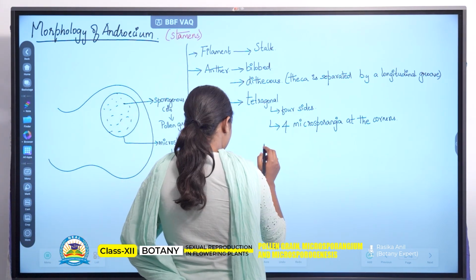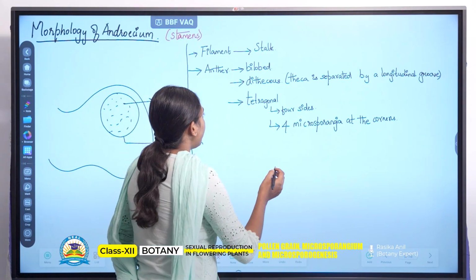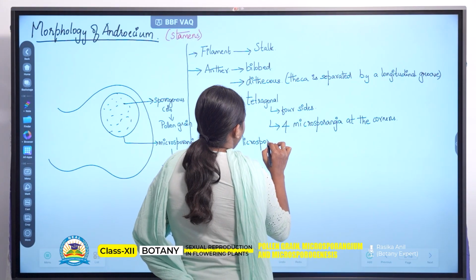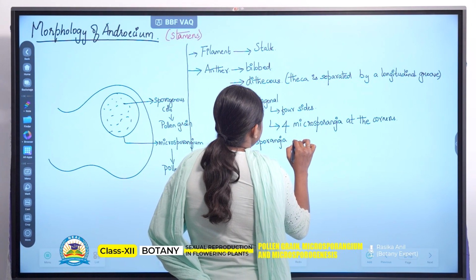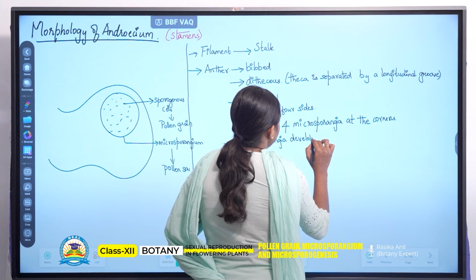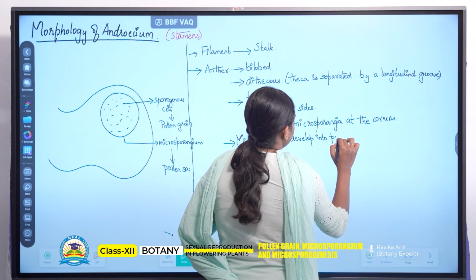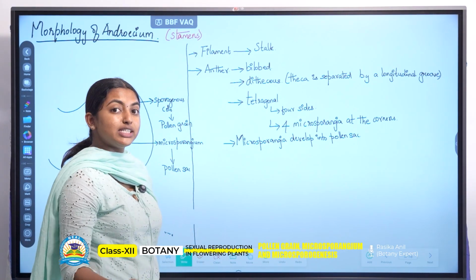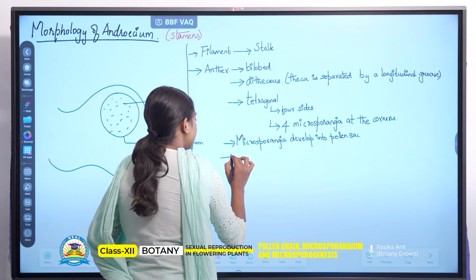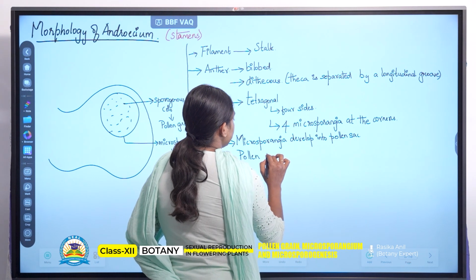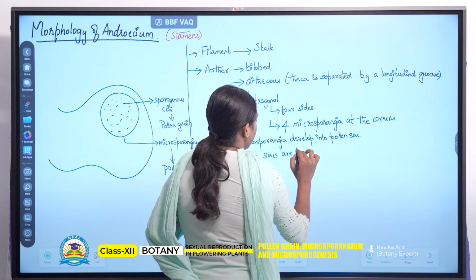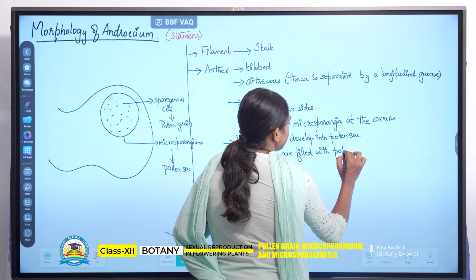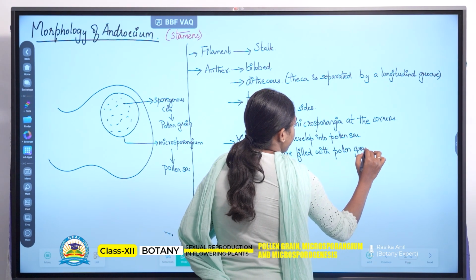So your next point will be: microsporangia develop into pollen sacs, right? And pollen sacs are filled with pollen grains, right?